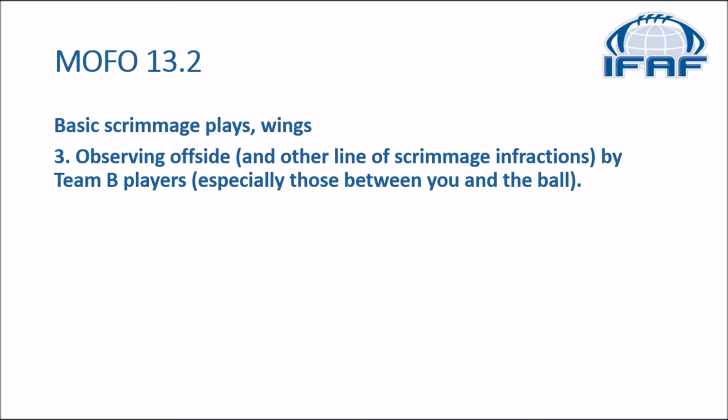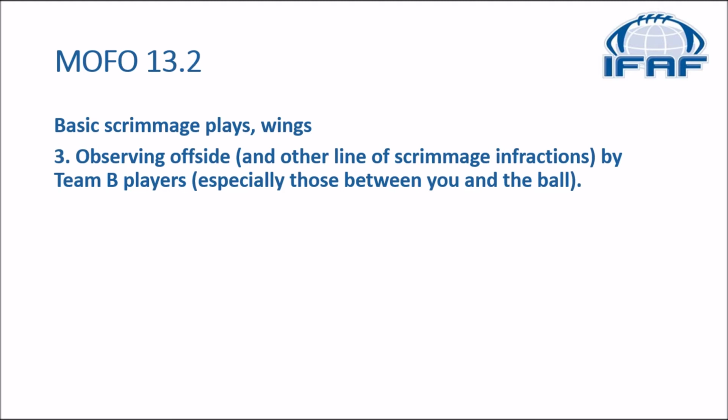So as a wing, you are primarily responsible for anything that happens between you and the ball, and secondarily responsible for what happens on the other side of the ball. So most of your focus should be on your side of the ball. And that was the book.